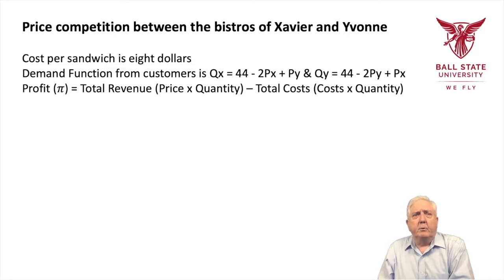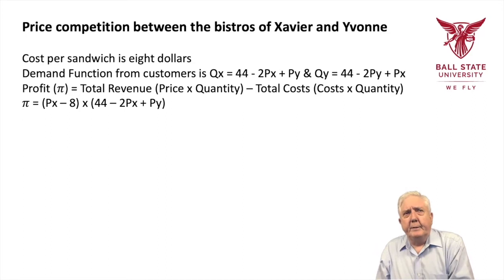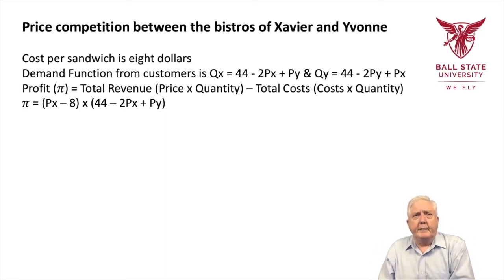And of course, total revenue is price times quantity, and total costs is cost times quantity. And I gave you the cost of $8. So another way to write this would be pi, or profit, is equal to the price minus 8, all times the quantity, which is 44 minus 2px plus py from above.